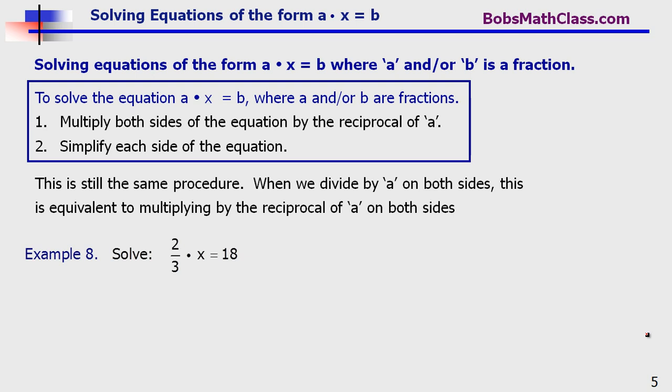Okay, so here's our first problem. 2/3 times x equals 18. Well, what is the reciprocal of a? Remember, a is the number in front of the variable. So what is the reciprocal of 2/3? That's right, 3/2, 3 over 2. So you're going to rewrite the equation, but on both sides, you're going to put a 3 over 2 either in front of it or behind it.